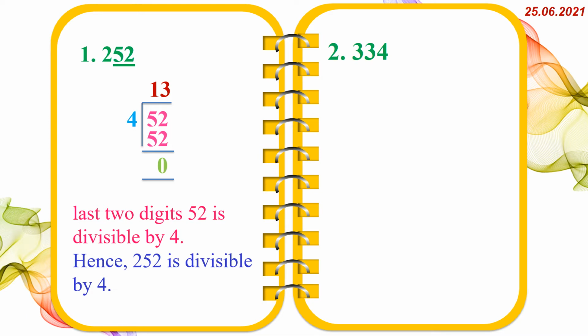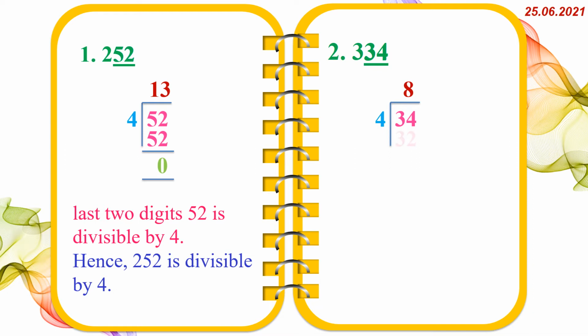Another example, 334. Here, the last two digits are 34. Let us check whether 34 is divisible by 4 or not. 34 divided by 4.